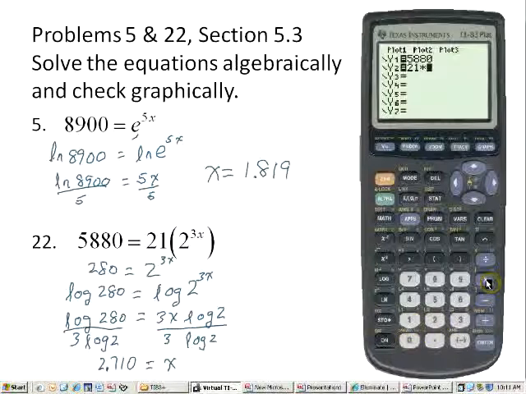This is going to be 21 times, and then I have 2 raised to the 3x. And I need to get parentheses around the 3x. Extra set of parentheses. Sometimes that happens here.